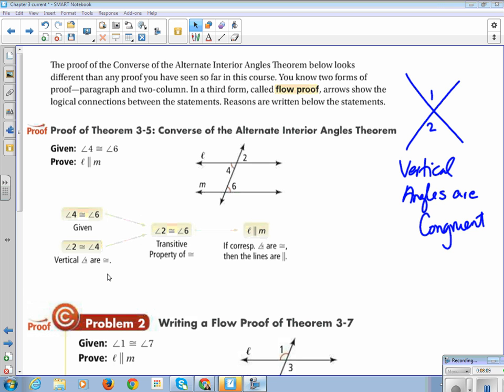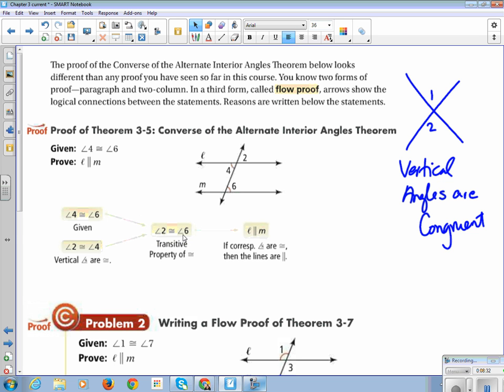Okay. Angle 2 is congruent to angle 4 because vertical angles are congruent. Okay, so the two together, we're going to take out angle 4 and put in angle 2. If you go 6 is congruent to 4, 4 is congruent to 2, by the transitive property, we cut out that middleman.